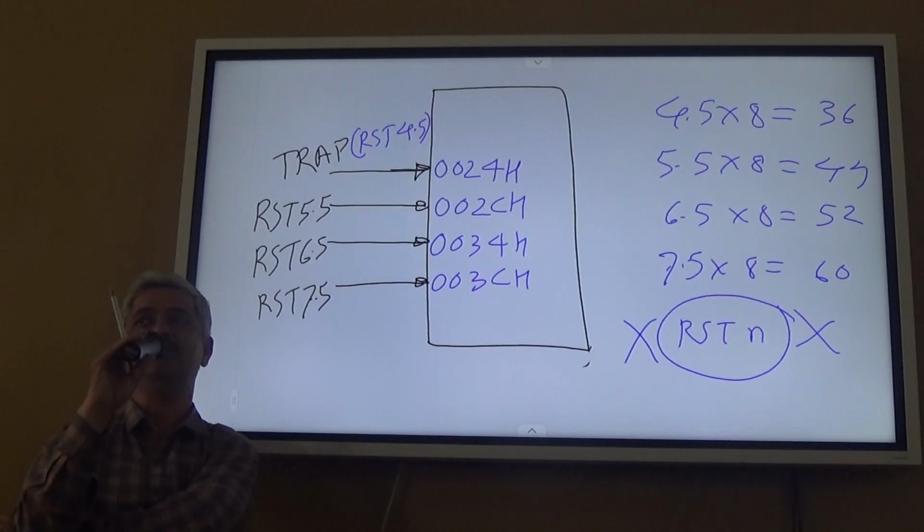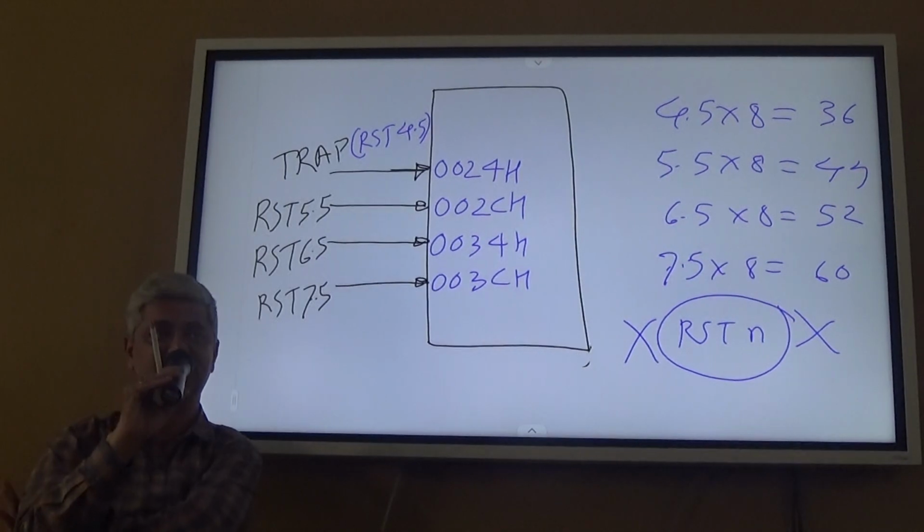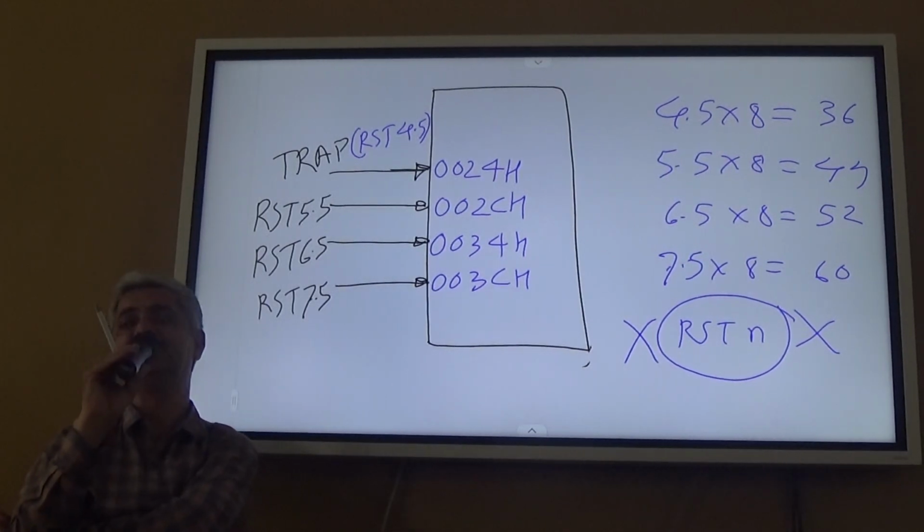So what is an interrupt? It is a group of pins which are automatically checked by the microprocessor at the end of every instruction, and if it has gone high.